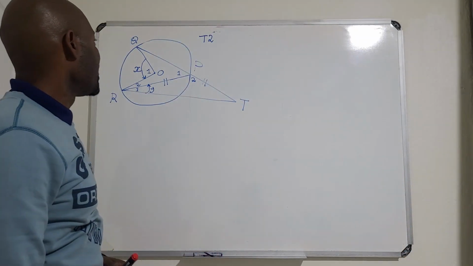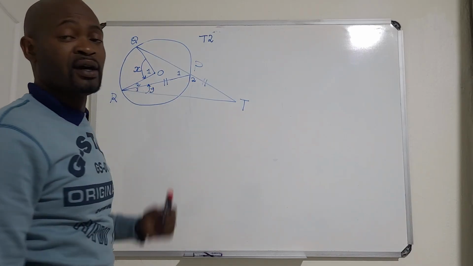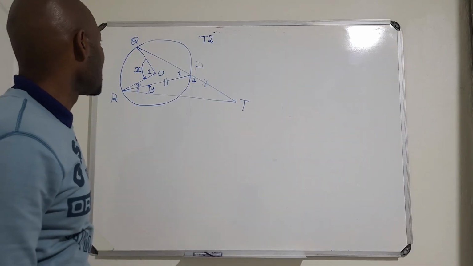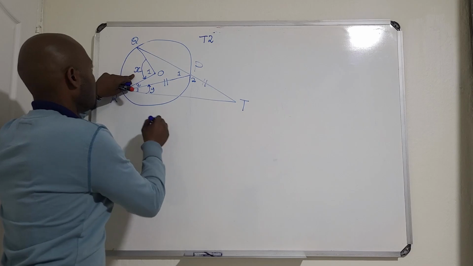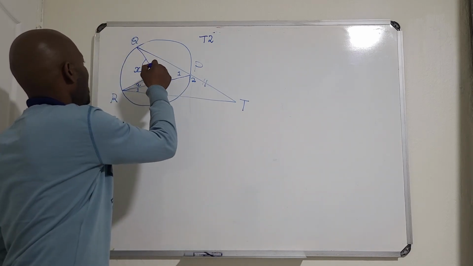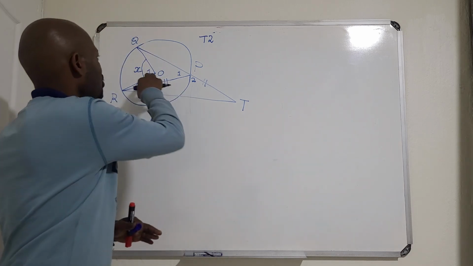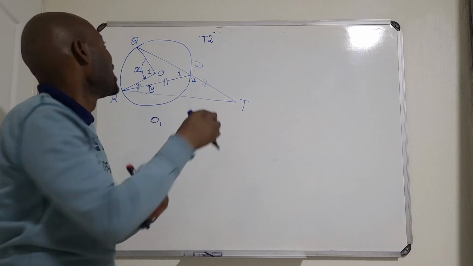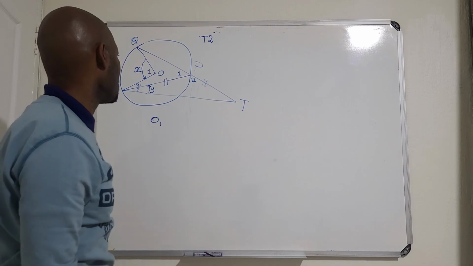Now, they said to us we must express X in terms of Y. For us to express X in terms of Y, I know that we are used to naming the angle at the center with three letters, but at this point, they told us that O1 is angle POR. So no need for us to stress ourselves.